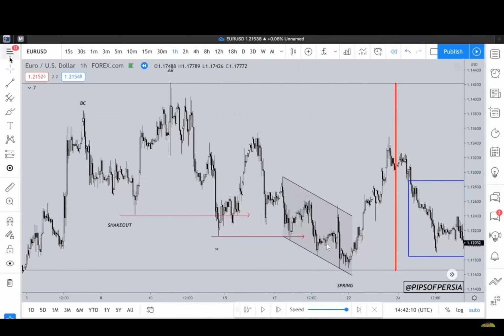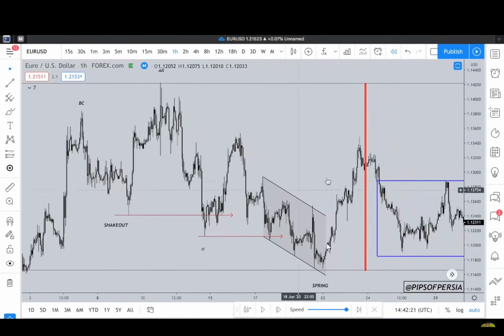Instead of looking at that in terms of creek, I would be just looking at that in terms of a break of structure. So instead of needing to draw a line over here, we can identify internal structure points, lower time frame accumulations and distributions, and simply take trades based on those. Creek is just another way of looking at break of structure.